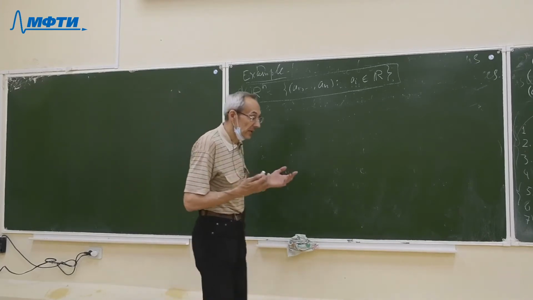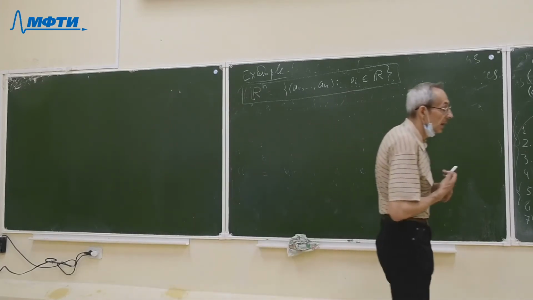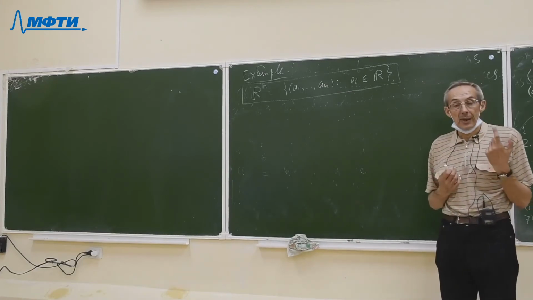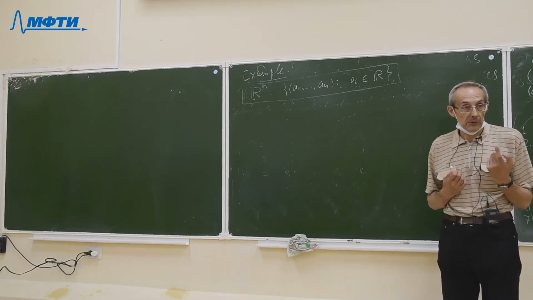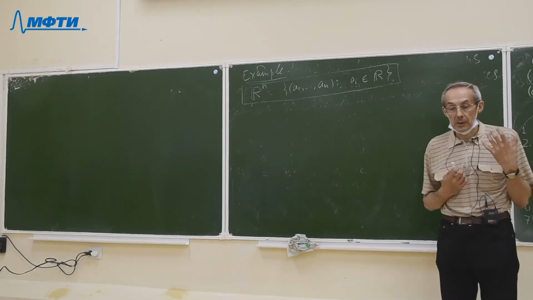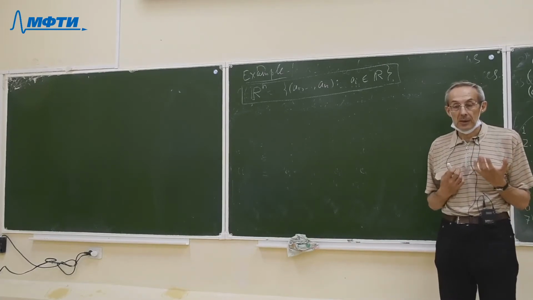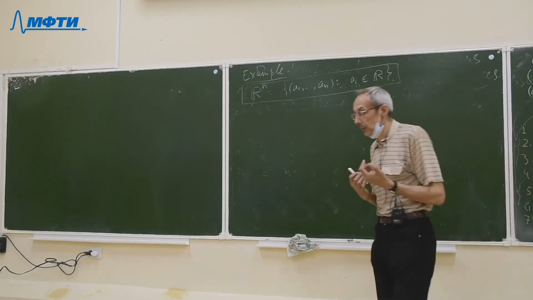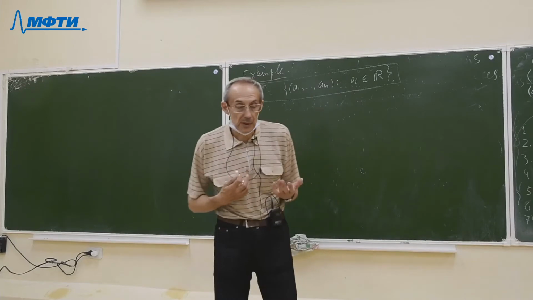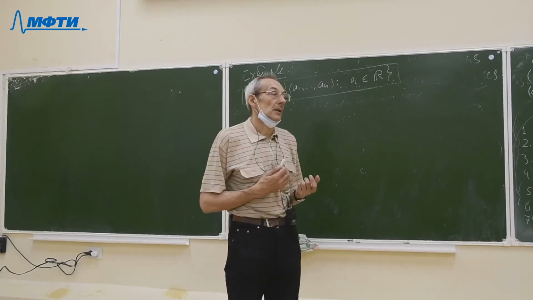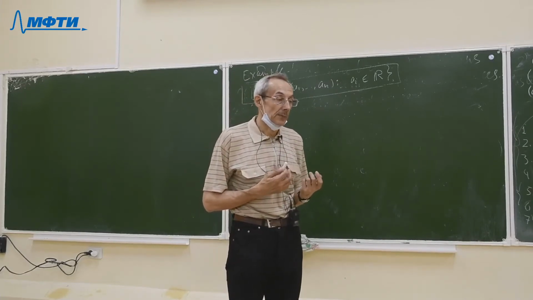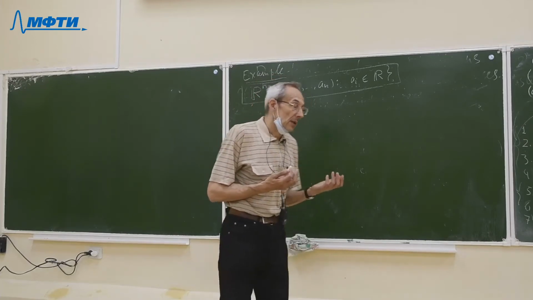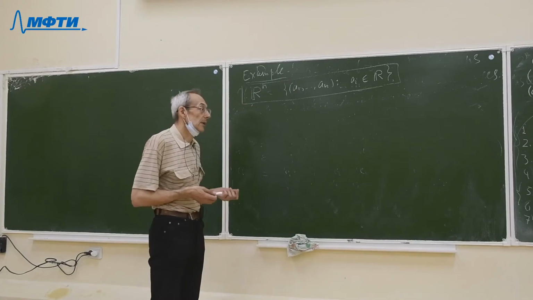The basis is a set of vectors which has two properties. First of all, this set is a linearly independent set of vectors, and second, this set is a so-called generating system of vectors. What does it mean?